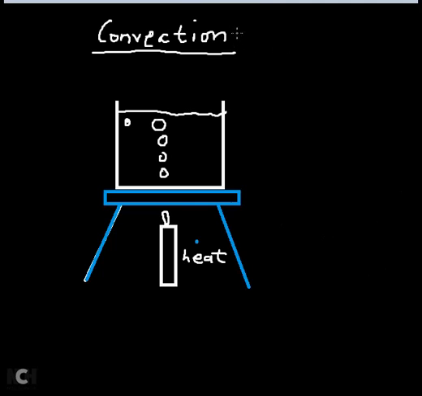Now we are going to be looking at convection. It's another type of heat transfer. Convection is a type of heat transfer in which heat is transferred from one part of a fluid to another. It is basically a heat transfer that takes place in a fluid, and of course, you know that a fluid can be either a liquid or a gas.